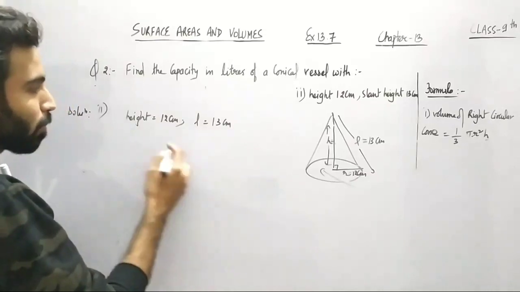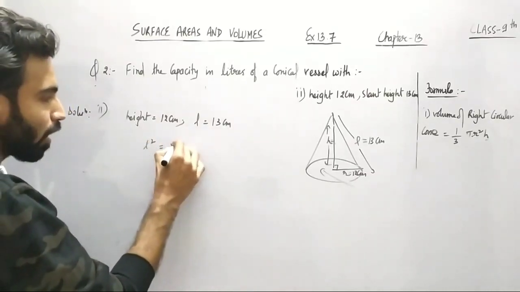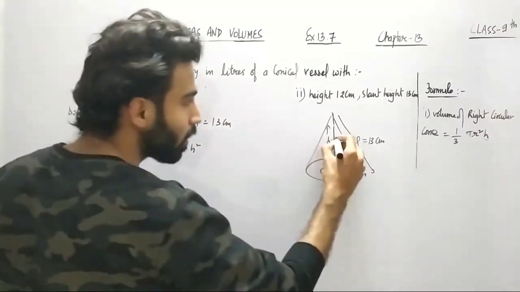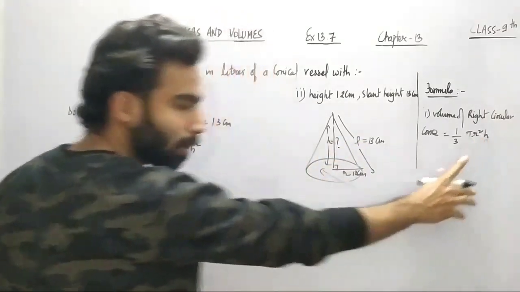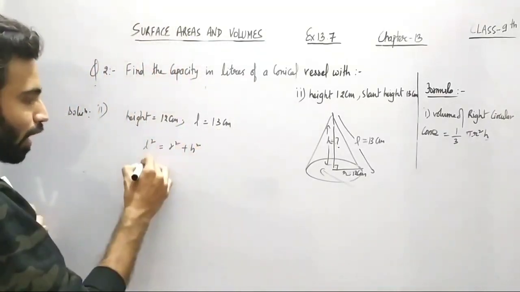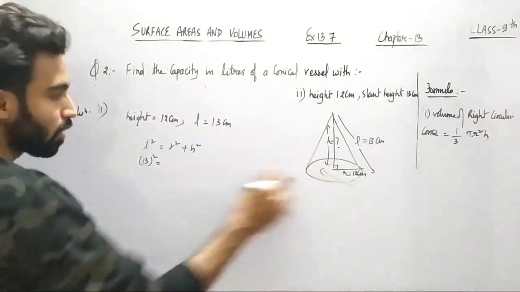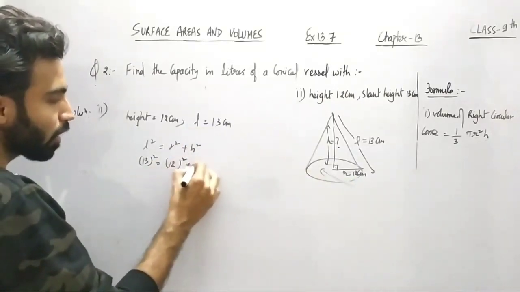Now what I'm going to do is first apply the relation L square equal to R square plus H square to calculate this height, because height चाहिए यहाँ पे हमें capacity find out करने के लिए. If I substitute the values, L is 13, then the radius is given to us as 12, plus H square.